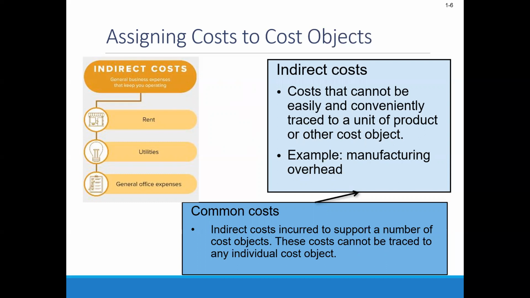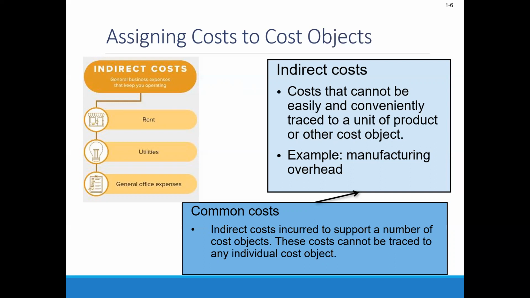Let's say we have a factory, and this factory produces various products. And in the factory, we have a cafeteria. We can't really depict how that cafeteria directly relates to a bottle of ketchup, can we? But it is still a cost of making these products because we need a cafeteria for the workers when they take a break. Or what about the insurance for the building?